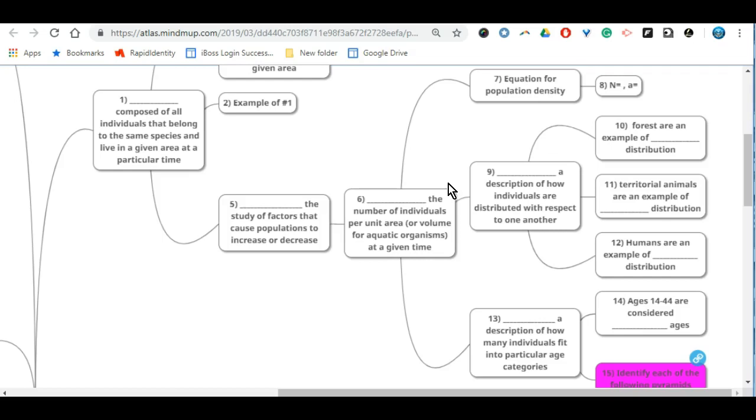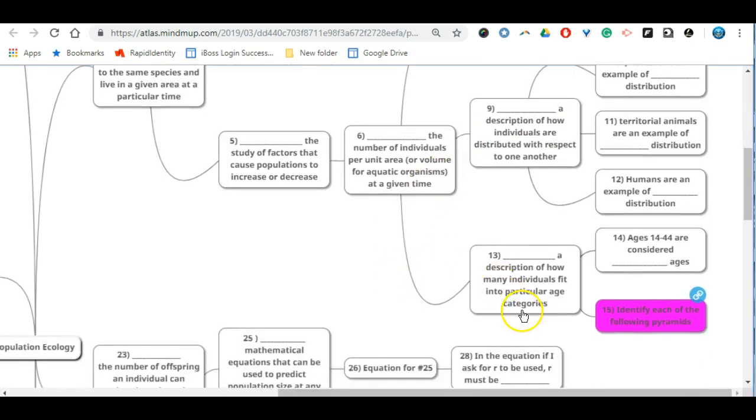You could have 5 individuals in a kilometer squared that are clumped. It doesn't matter because the population density is still going to be 5. So this is just how it's arranged. This is how many there are. And I know people think, oh, clumped means there's a lot more. It doesn't mean that. It just means that's how they're distributed inside of that given area. This tells you how many there are, and this is just how they're arranged.